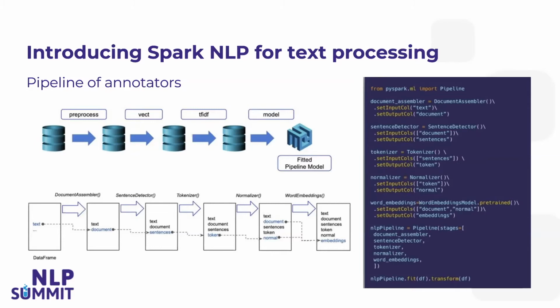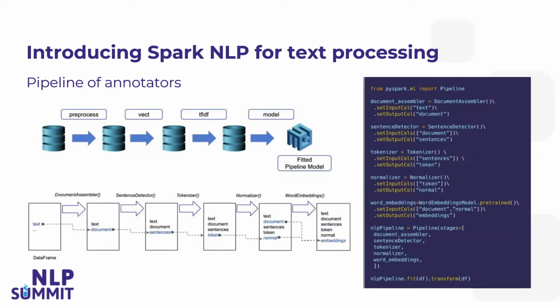As you already could see, Spark NLP uses a pipeline of annotations in its procedures. In this pipeline, we have different steps to pre-process the document until we come to the final step, which is going to be named entity recognition and de-identification. So here are the common steps when we start working with documents.